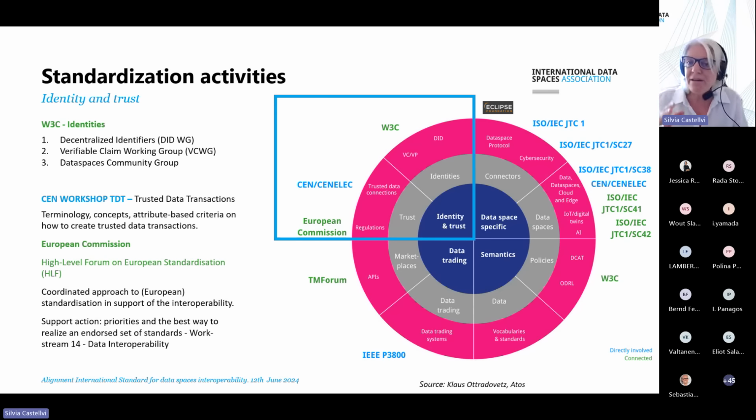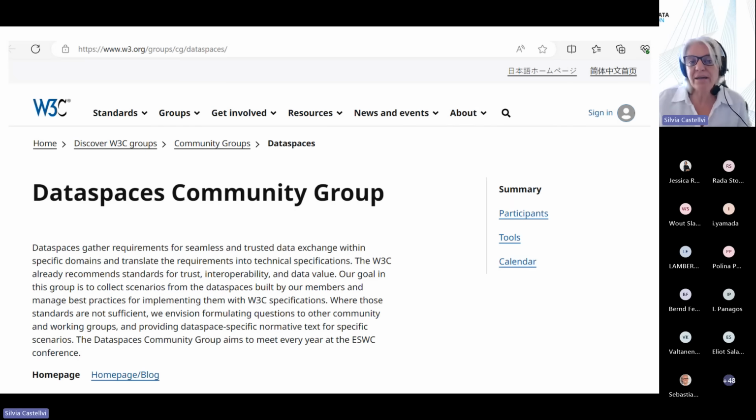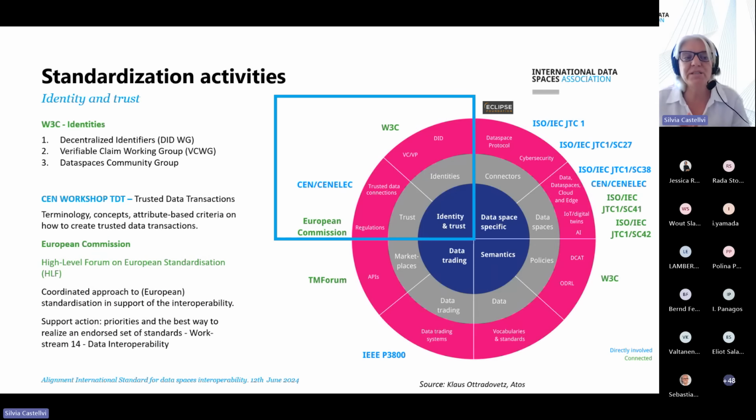And regarding identity and trust, very relevant, very important for data spaces standardization. Here we rely on W3C and these working groups that you can see on the picture on decentralized identity, verifiable claims, and the new data space community group. I encourage you to visit W3C and look at this community group, because it could be interesting if you are interested to participate.